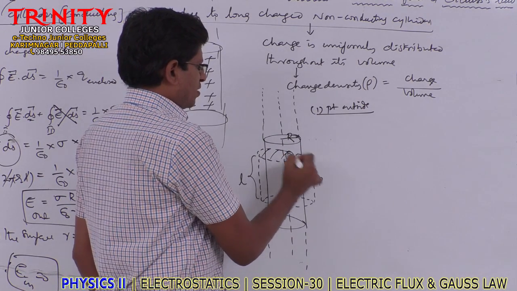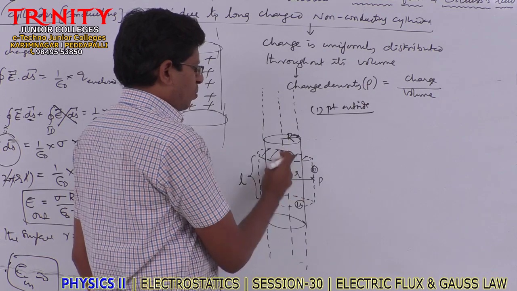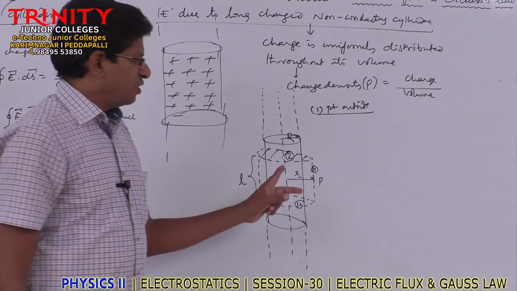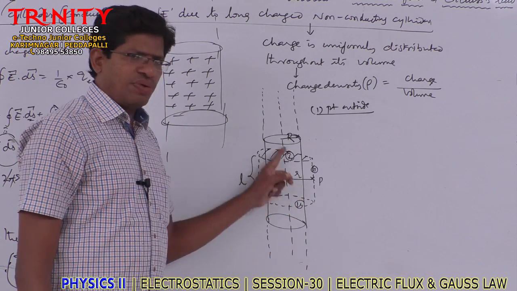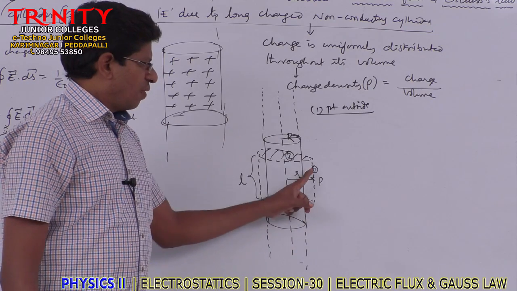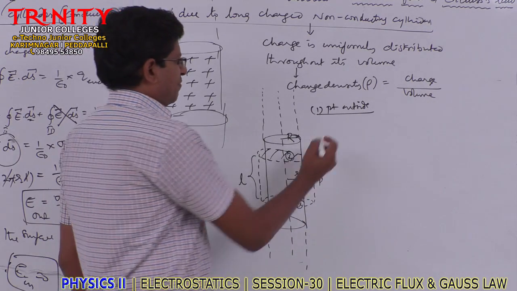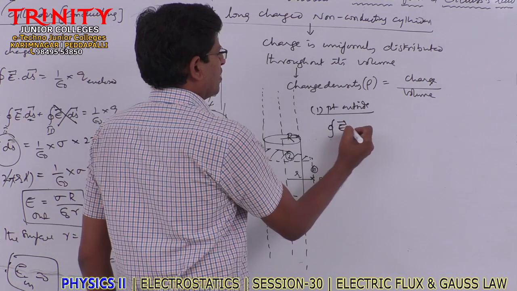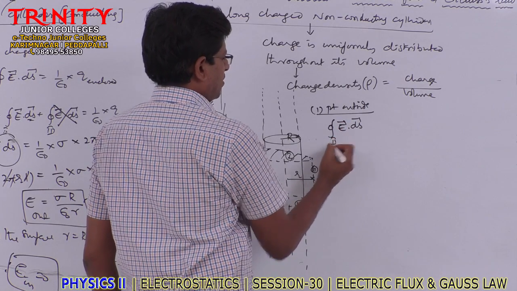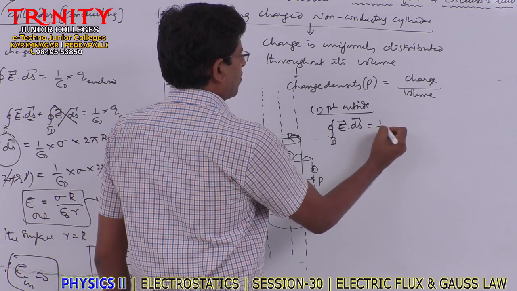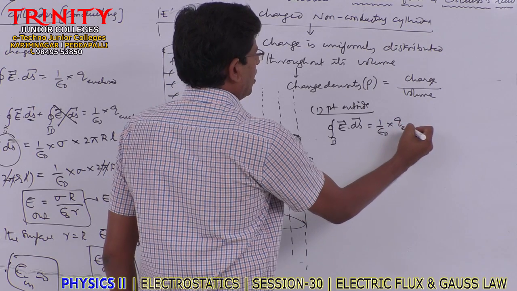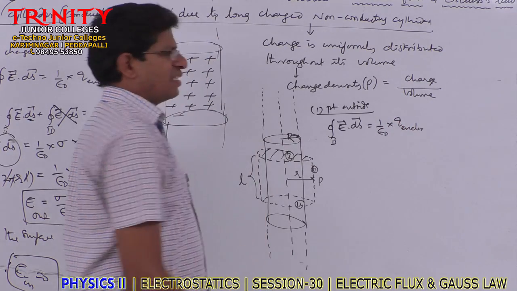This is area 1, this is area 2, this is area 3. Again same story, no flux passes through 1 and 3, only through the second surface. I am writing directly, the integral of E dot ds through the second region, that means the curved region, is equal to 1 by epsilon naught into the charge enclosed by the Gaussian cylindrical surface.